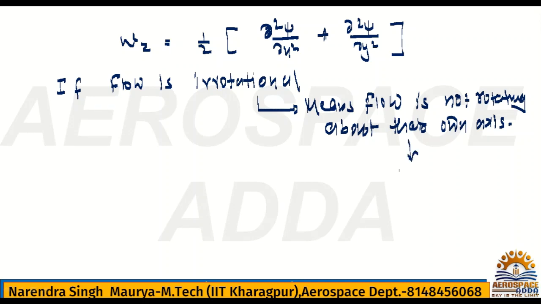So what is the meaning of it? If it is not rotating, then angular velocity will be 0. What angular velocity is it? Omega z. Yes or no?